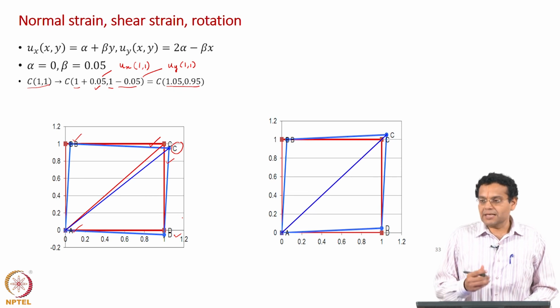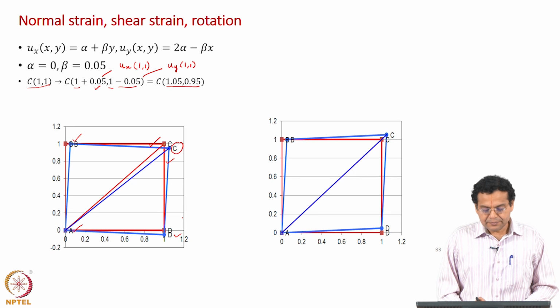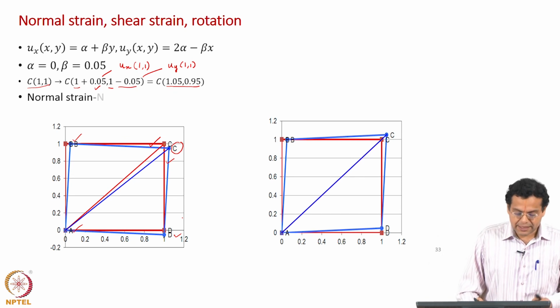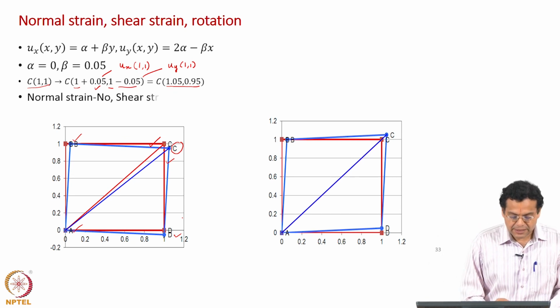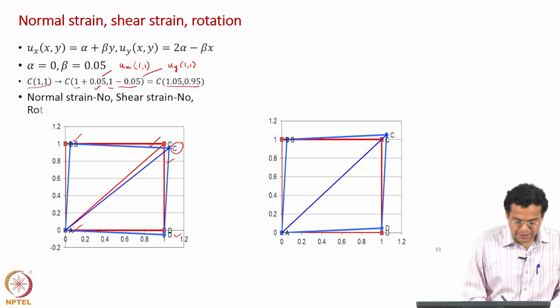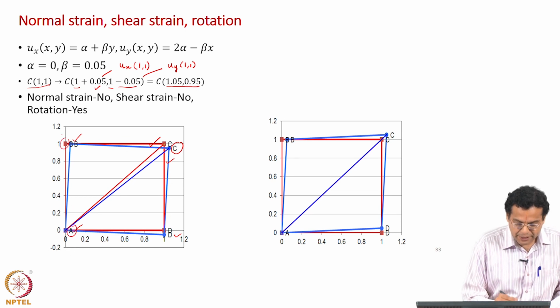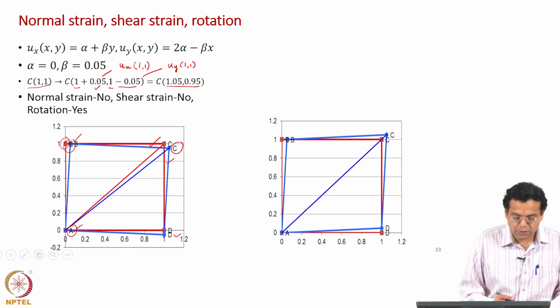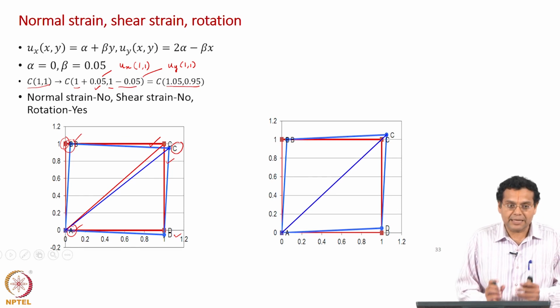Now, let us analyze what has happened to the shape. If you look at the length, there is no change in length. What do we mean by that? Focus on the initial AB, you have A here and then this point, that length and this length of the blue are almost the same, or they are the same.